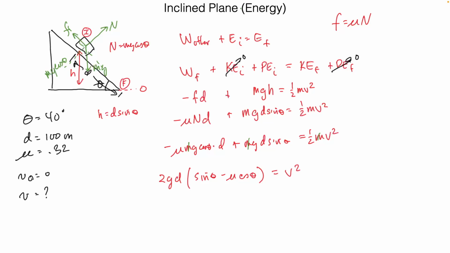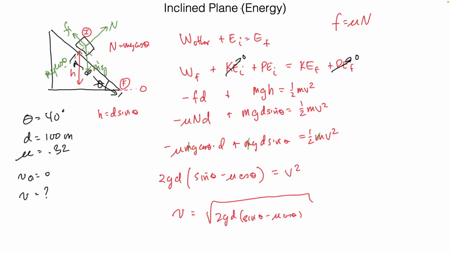And then how do I get rid of the squared? Take the square root: v equals the square root of 2gd times (sine theta minus mu cosine theta). And I've now solved this for any object on the surface, on any planet, for any distance. Not the specific case of the aardvark on the Earth, but this works everywhere.